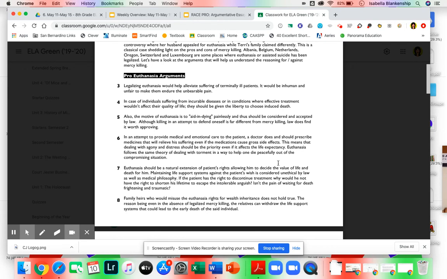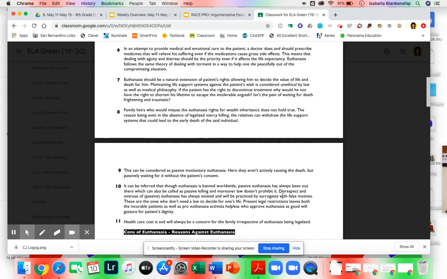Euthanasia should be a natural extension of patient's rights, allowing him to decide the value of life and death for him. Maintaining life support systems against the patient's wish is considered unethical by law as well as medical philosophy. If the patient has the right to discontinue treatment, why would he not have the right to shorten his lifetime to escape the intolerable anguish? Isn't the pain of waiting for death frightening and traumatic?